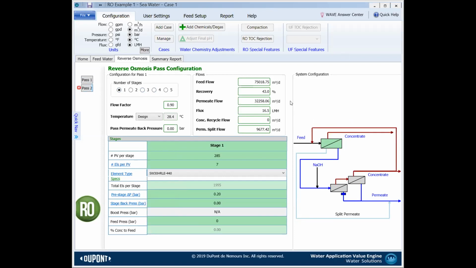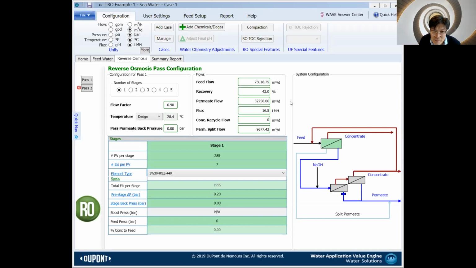For our case, it doesn't matter how many passes or stages, we're not going to be constrained by energy requirements, just the stringent boron limit. In fact, this matters, because if you add more passes and stages, you need more capital cost, and also more energy cost. So this is not an effective RO system configuration.